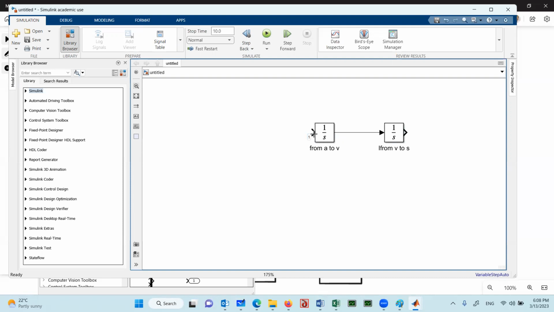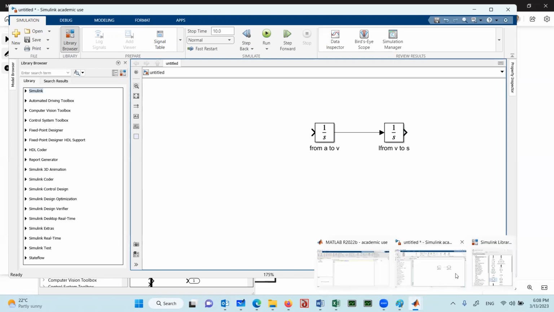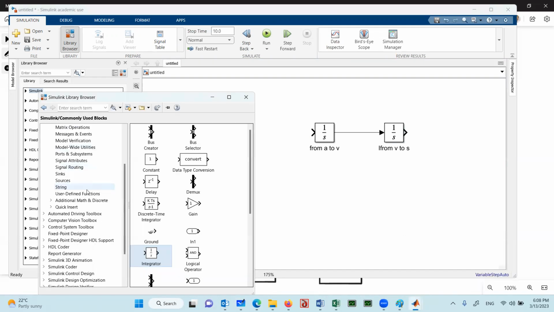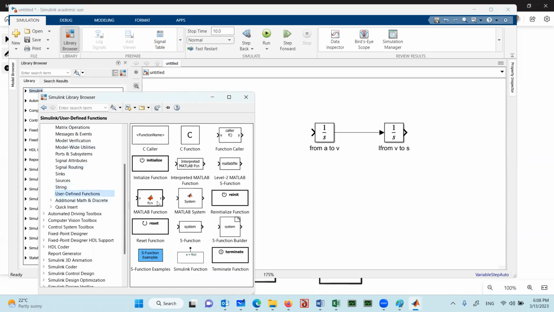Now here, what we have is acceleration. So we should give an expression for acceleration. How to write that? We have many options. The easiest option is to go here and search, because you're going to use this one for your own need.